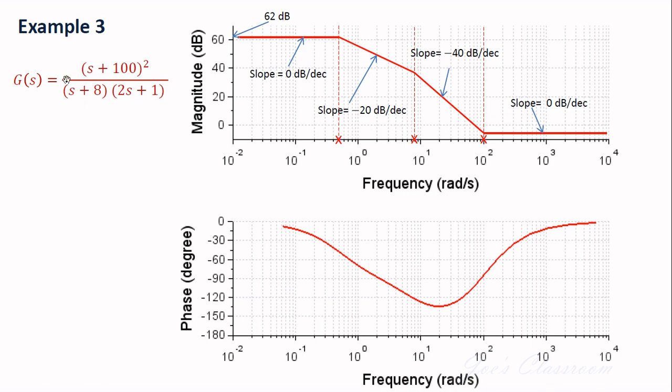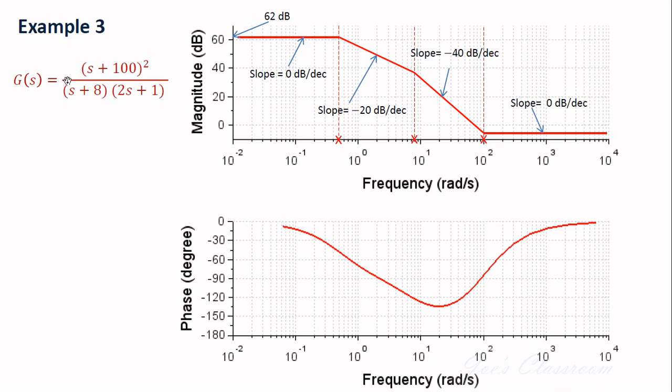And the other thing is there is no differentiator or integrator. So up to the first corner frequency, the slope is going to be 0 decibels per decade, since there is neither differentiator nor integrator.